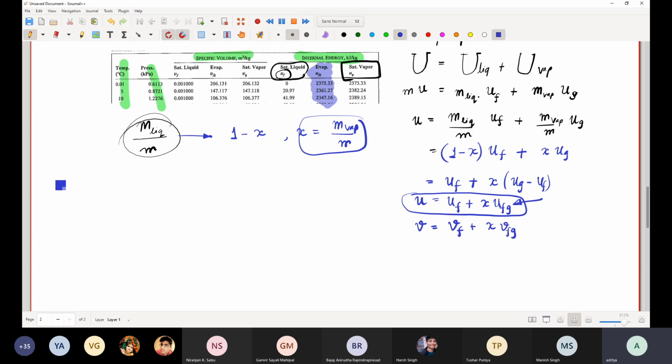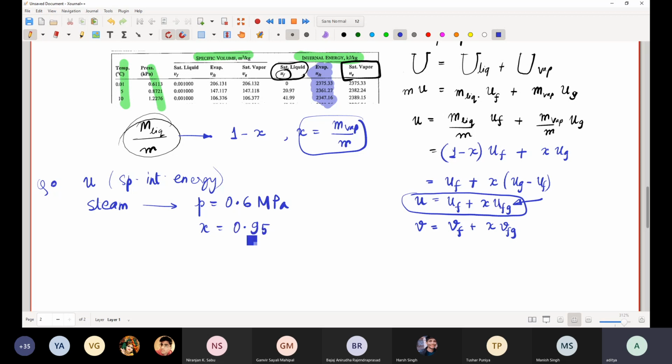So, question: find out the specific internal energy U of steam at a pressure of 0.6 megapascal and a quality of 95%, and 95% is equal to 0.95.